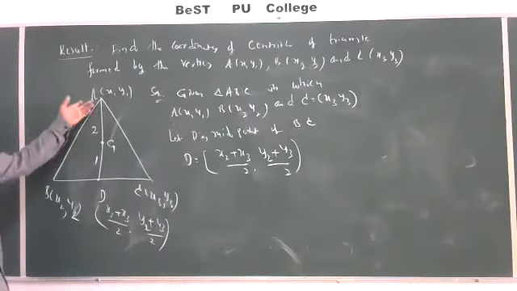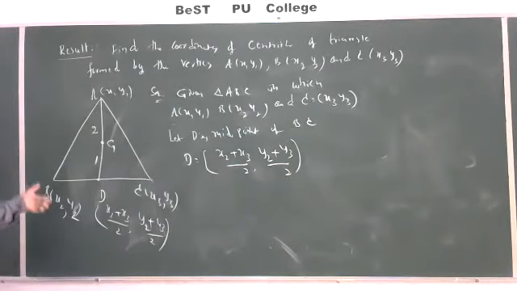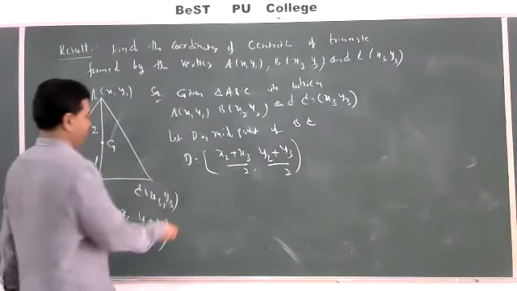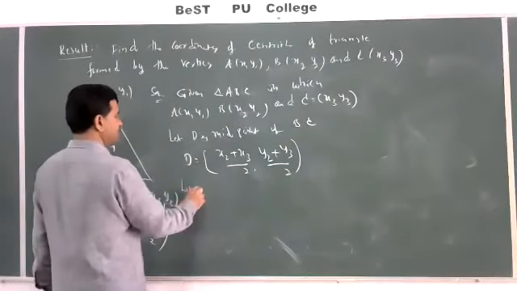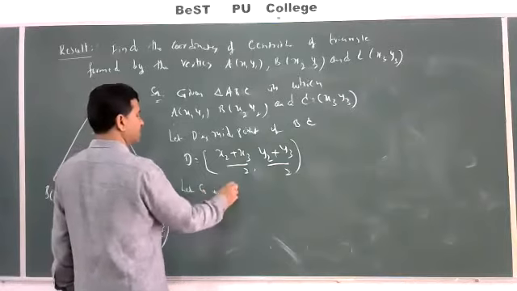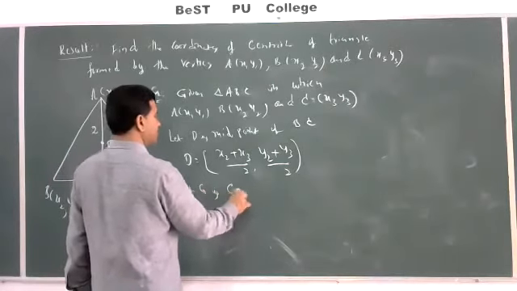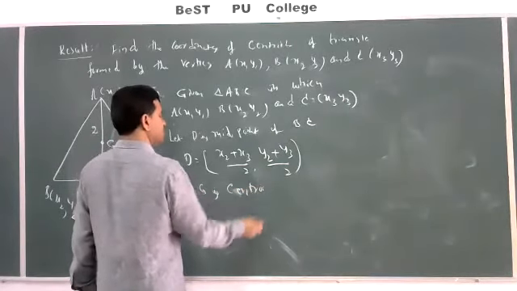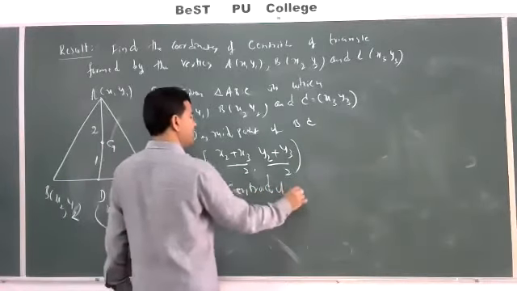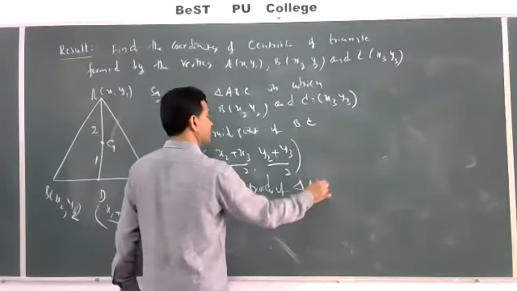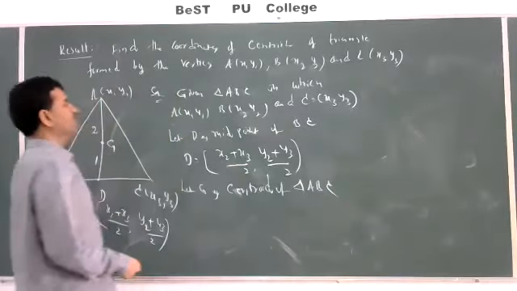Now, by applying the median definition, let G be the centroid of triangle ABC.